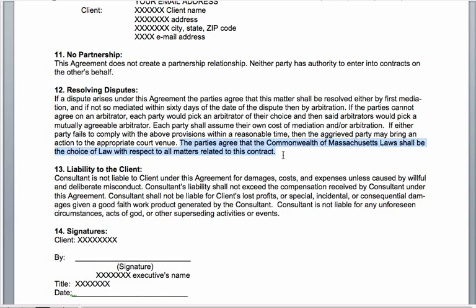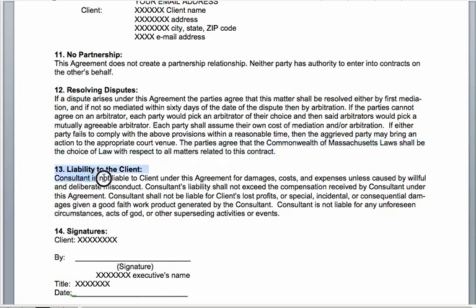That way you're not having to go out of state to handle the matter in court. And it's also easier for you to get an attorney within your state who can handle the matter. So this sentence or something to that effect is also very important to protect your interests.